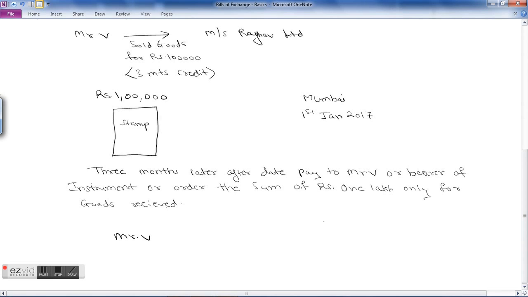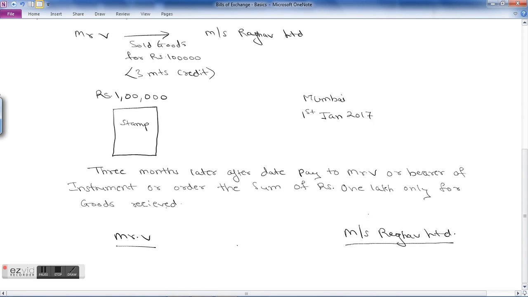Then it is accepted by Messrs. Raghav Limited. So Mr. V draws the bill, signs it and gives it to Messrs.